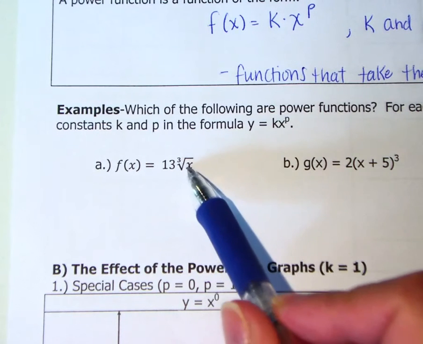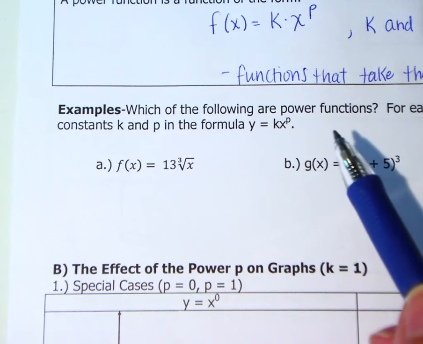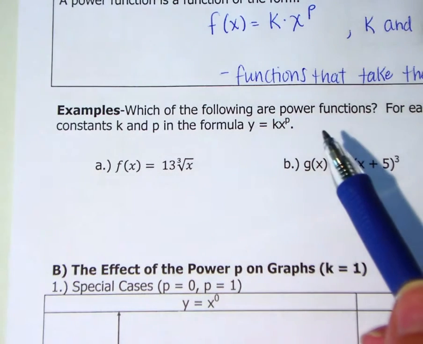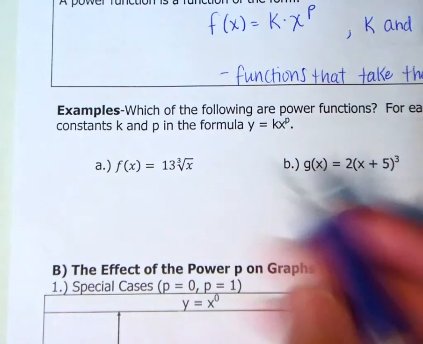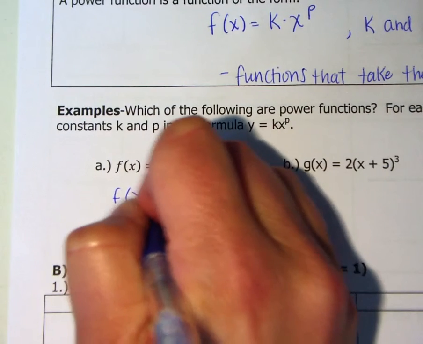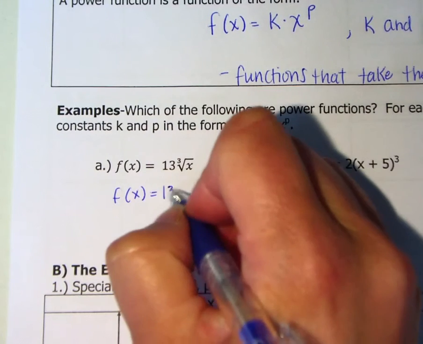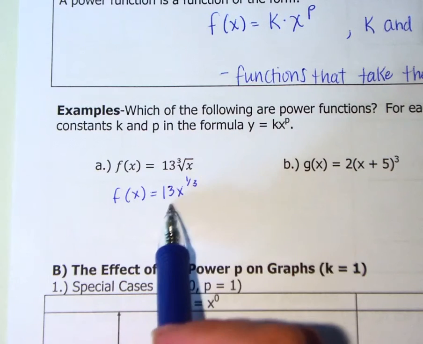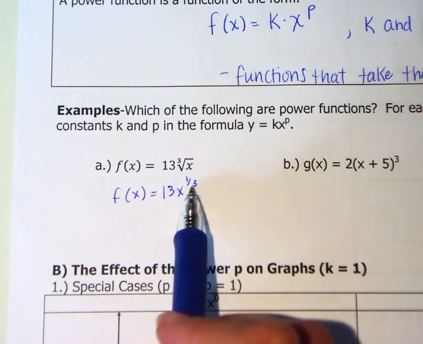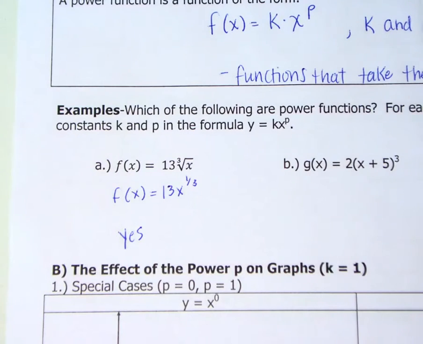How do we rewrite the cube root as an exponent? It's not to the third. Gabby? It's to the 1/3, okay? So we can rewrite this function as f of x equals 13 times x to the 1/3. Because I can rewrite it so that my x is taken to some power, this is a power function.